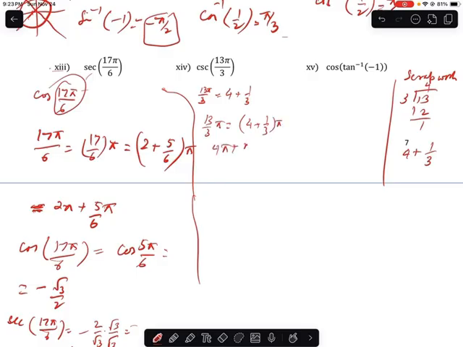Now looking at the next one, this is cosecant of 13 pi over 3. Now cosecant is 1 over sine, so I have to find sine of 13 pi over 3, and then we will invert it.